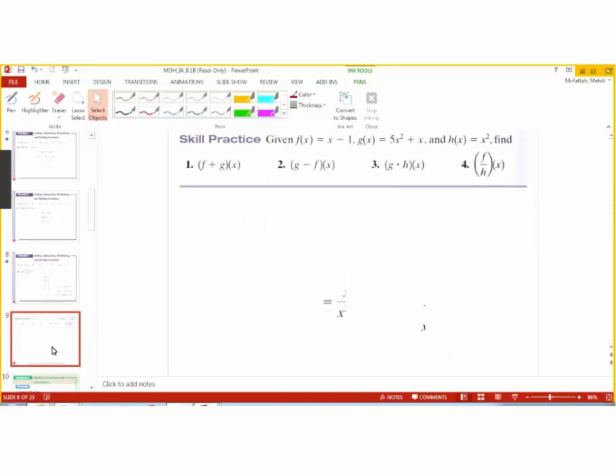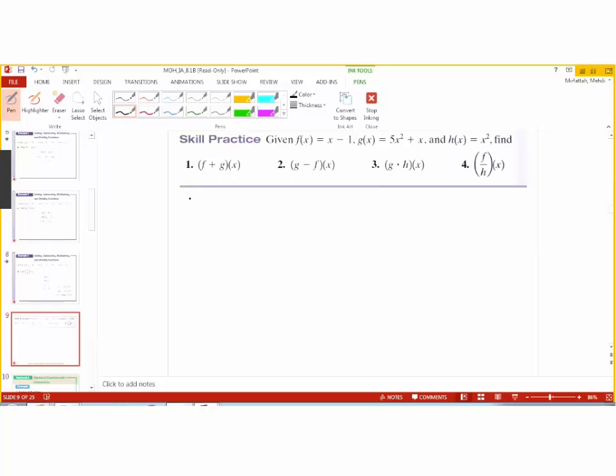Let's take a quick example here. If f of x is given to me as x minus 1, g of x is given to me as 5x squared plus x, h of x is given to me as x squared, we want to find these.